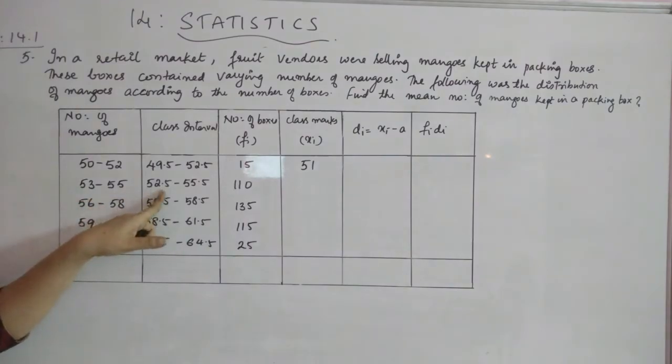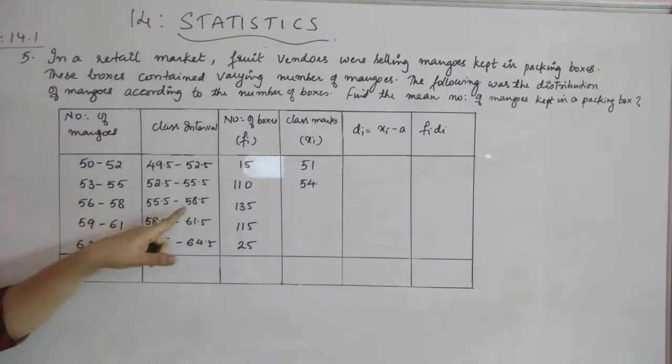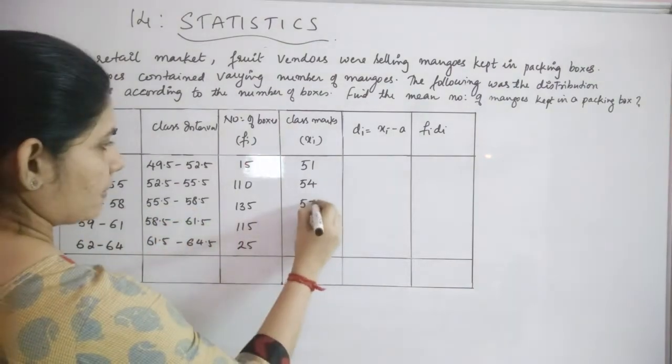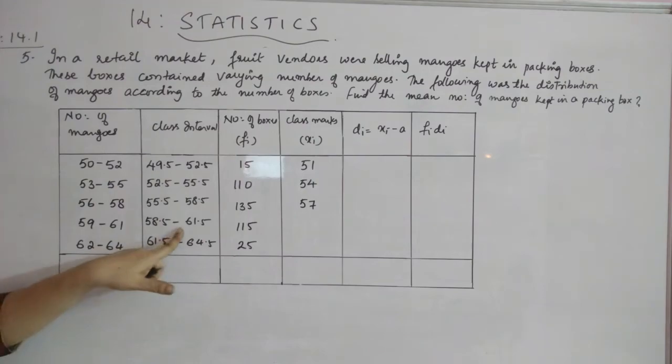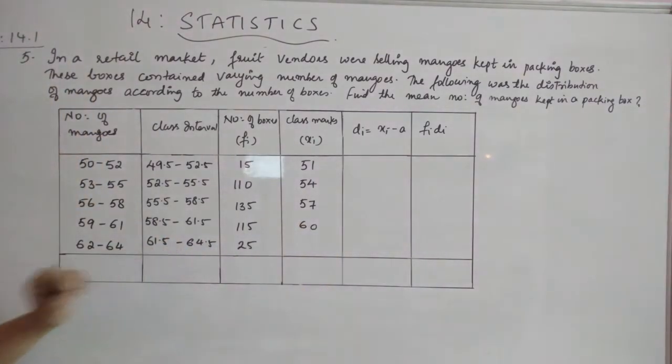Next number which you will get, that is in between 52.5 and 55.5, you will get 54. Next 55.5 to 58.5 will give you 57. Here you will get 60, and the last one you will get 63.